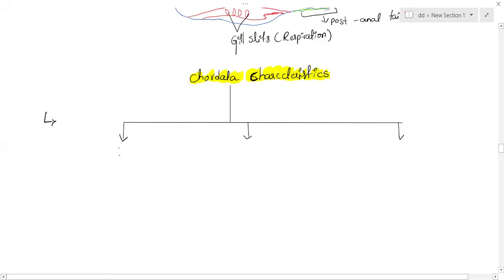One is Urochordata, the second one is Cephalochordata, and the third one is Vertebrata. They have a vertebral column.